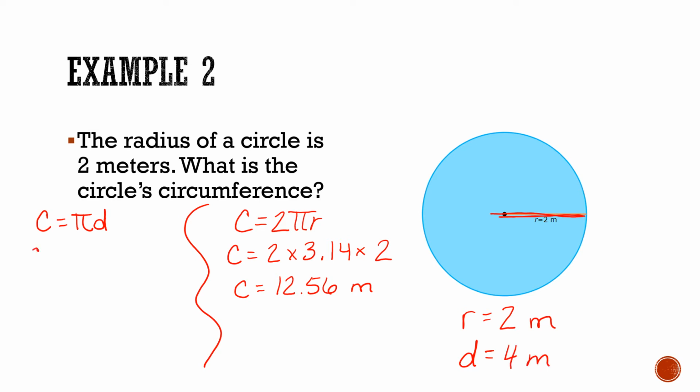So then I can just calculate using the other formula, 3.14 multiplied by the diameter of 4, which would also give me 12.56. So you're welcome to use either one of those formulas. You should see how the two relate now. You're going to get the same answer regardless. You've just got to know when you're plugging those numbers into your formula if you're using the radius or the diameter.